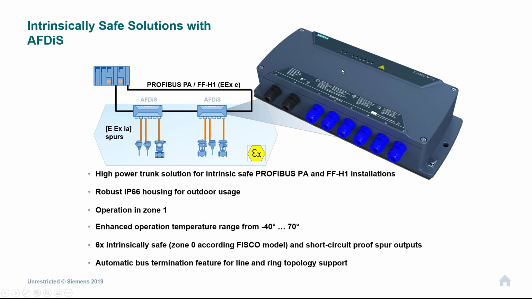Okay, so you get some diagnostics, and it supports that, as I said, 6 devices to the FISCO model. So no hazardous area calculations are required for barrier packages. This housing can be used for Profibus PA and Foundation Field Bus because they're both bus powered networks.